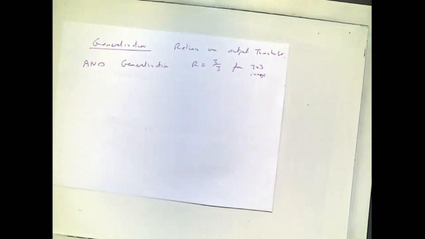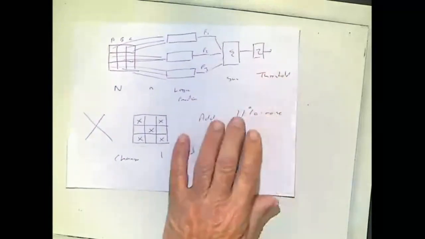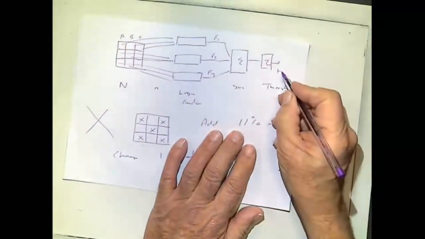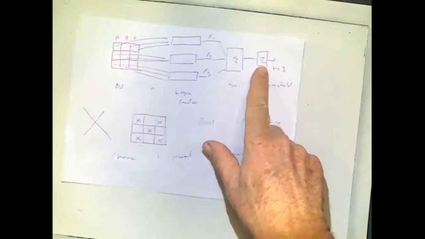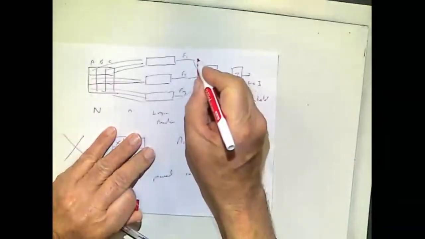Why is it called AND generalization? Because if I take this original structure, there it is, the original structure, and set the threshold t equals 3, it is equivalent to replacing the summer and the threshold with a single AND gate.